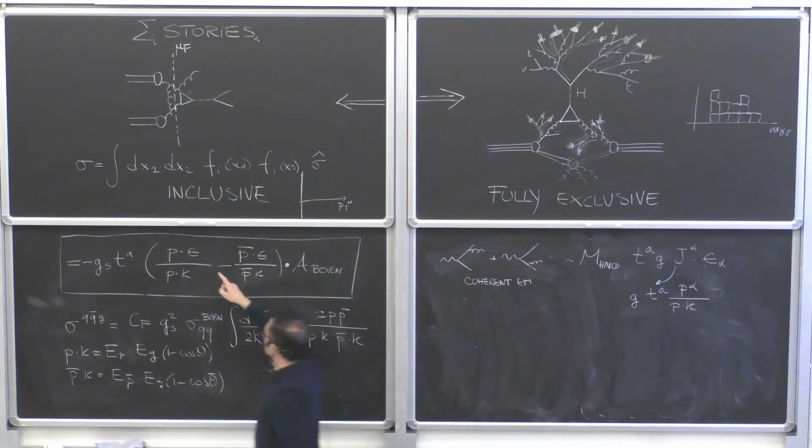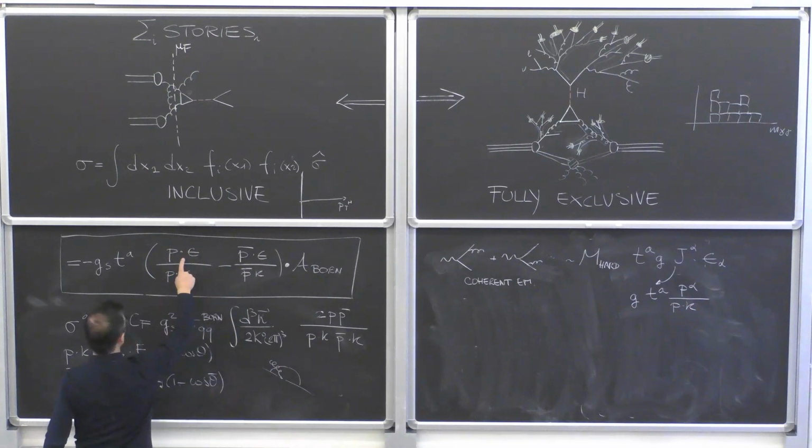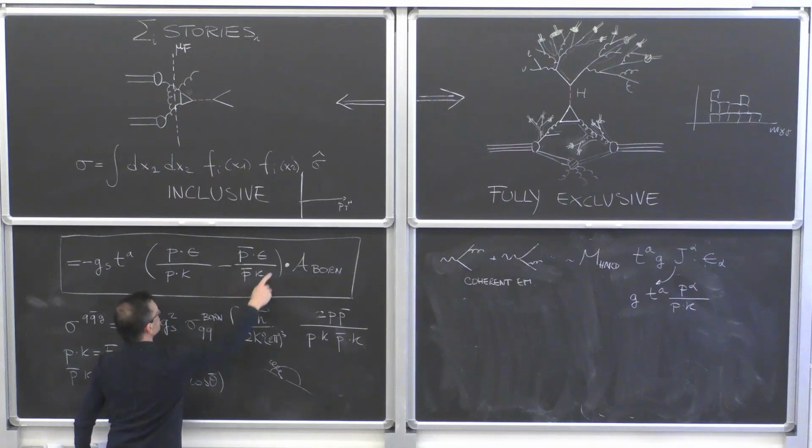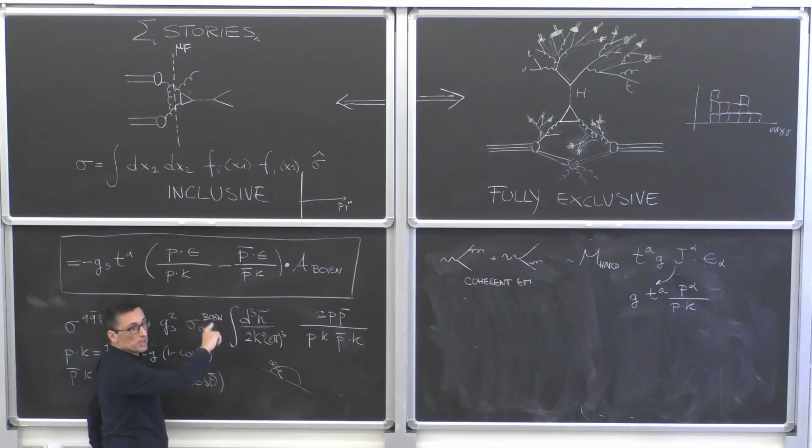So this is the emission from the quark, and this one is the emission from the anti-quark. If I emit from the anti-quark, I have to put a minus. Okay? So that's a very simple Feynman rule that I can use.